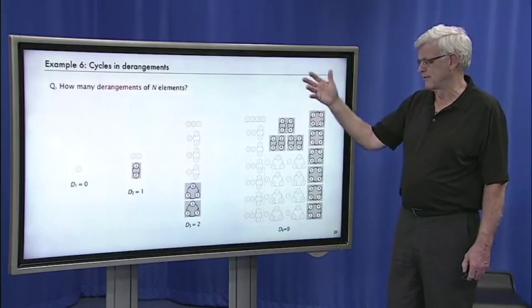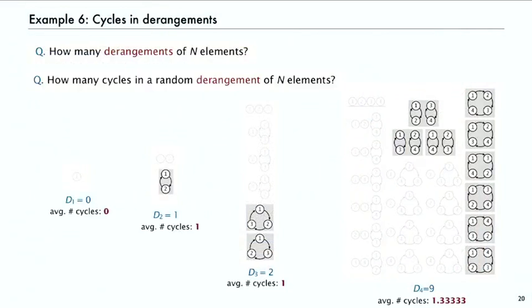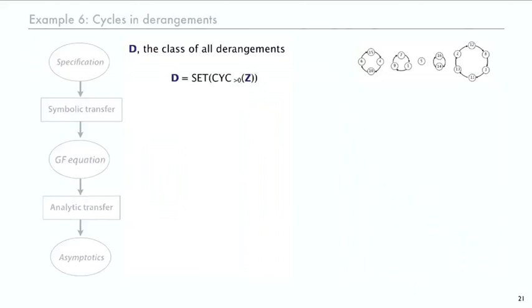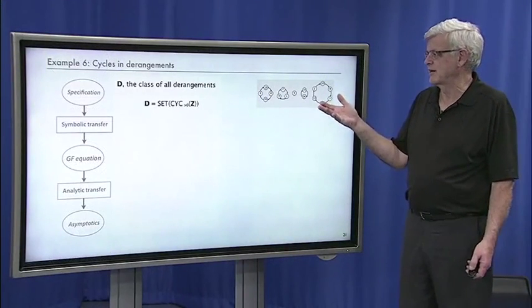So for example, we looked at derangements, so we can look at a problem like how many cycles are there in a random derangement. It might be hard to think about how to even approach a problem like that, but it's immediate from the xlog schema. And precisely the same process works in more general settings.